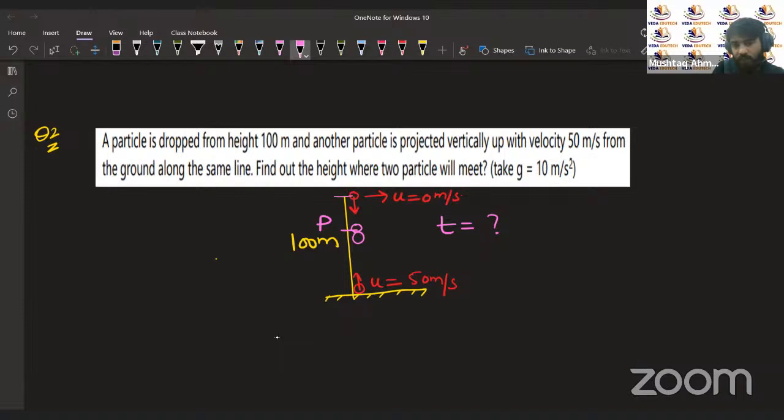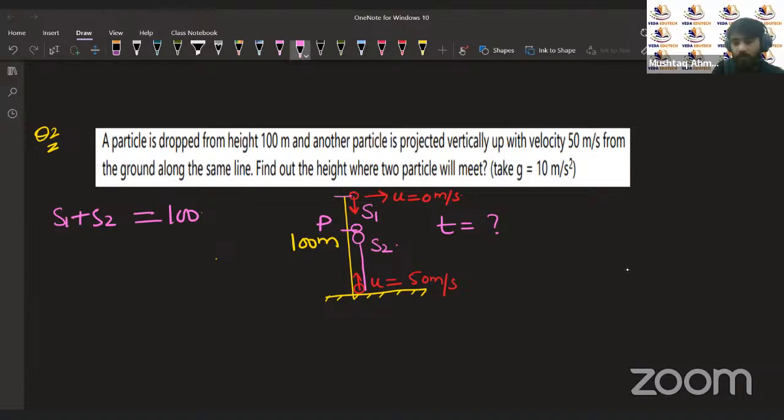Let's suppose the displacement of this ball is S1 and the displacement of the second ball is S2. When they collide, S1 plus S2 has to be equal to 100 meters, because the total height is 100 meters.